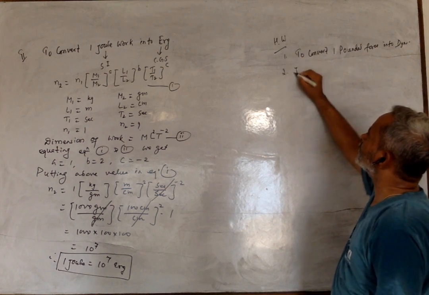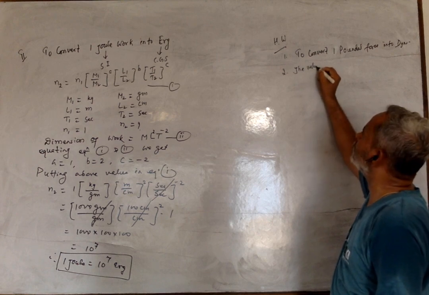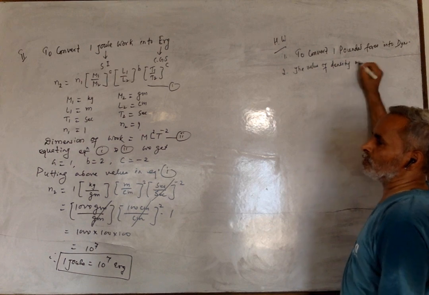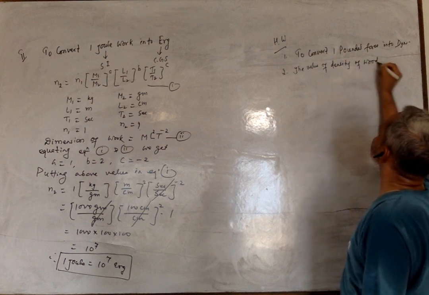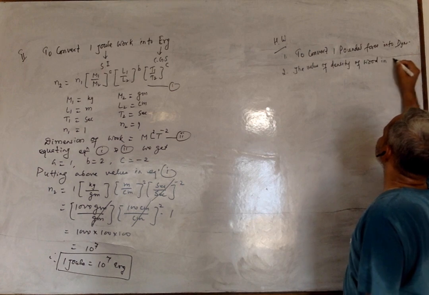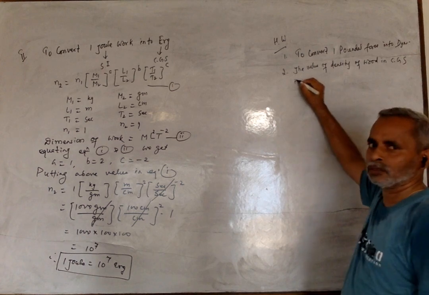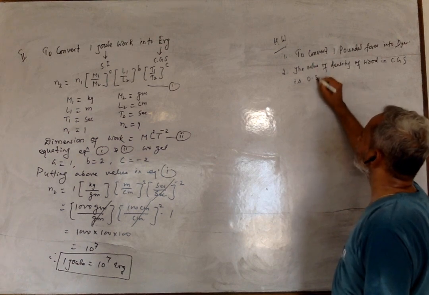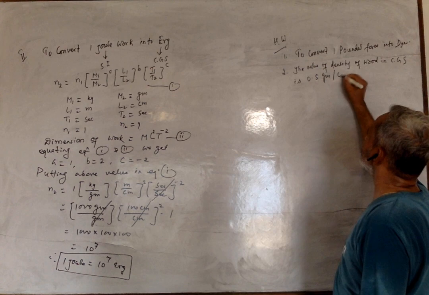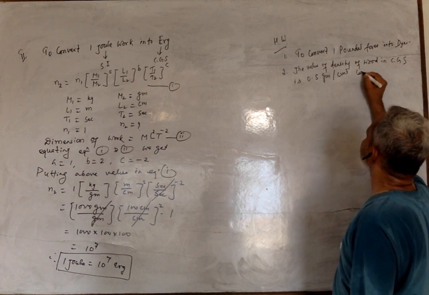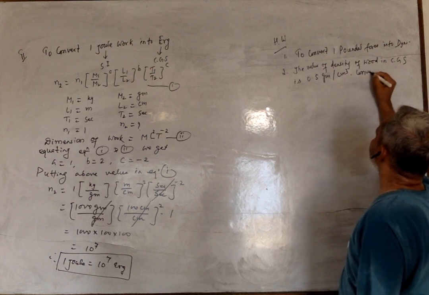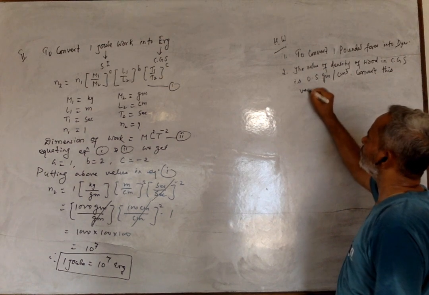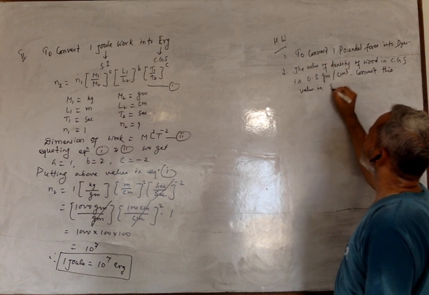Second, the value of density of wood in CGS is 0.5 gram per cm cube. Convert this value into SI.